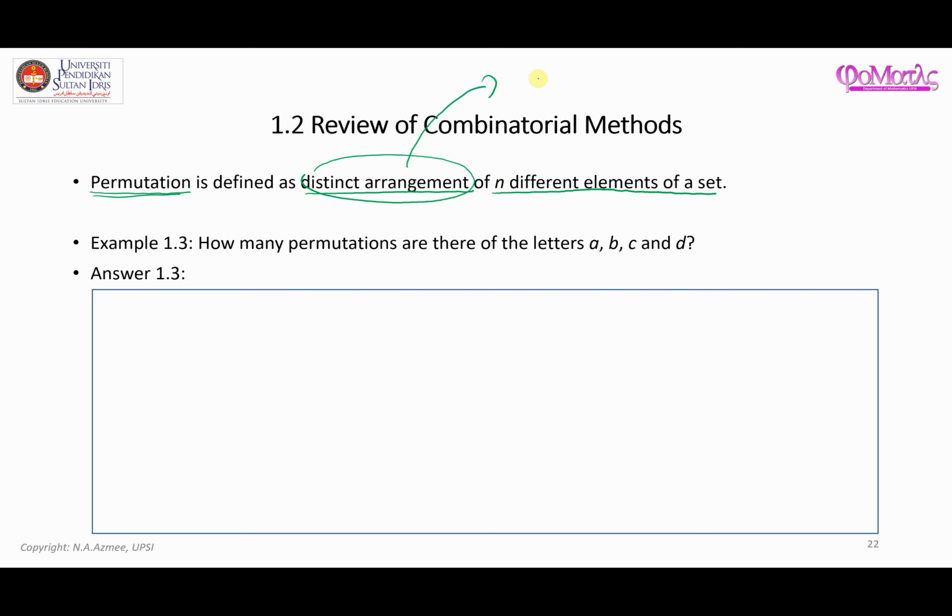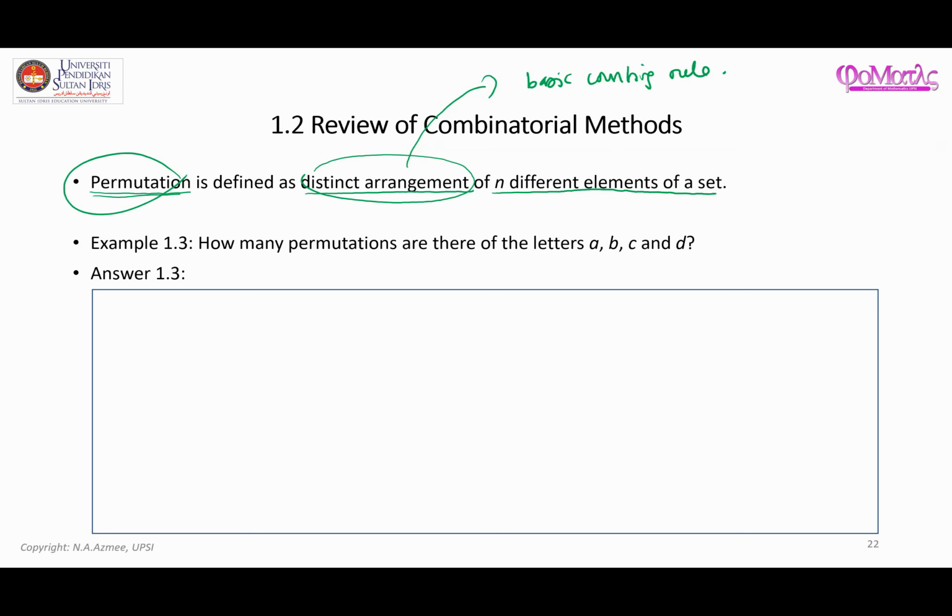You can use the idea of the basic counting rule to answer any question about permutation of n different objects. Okay, so I'm just going to illustrate that first.